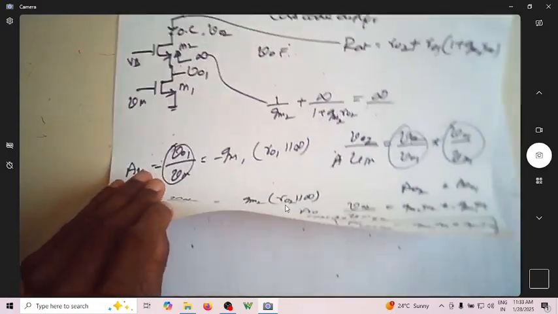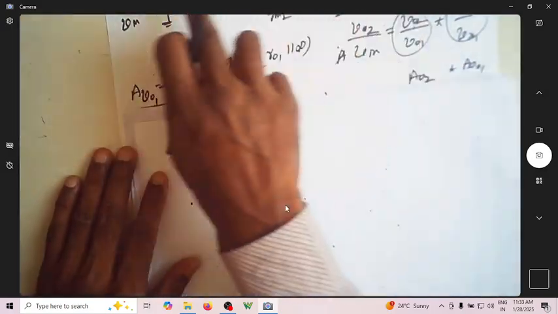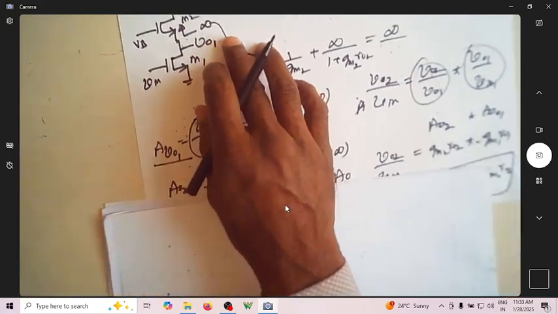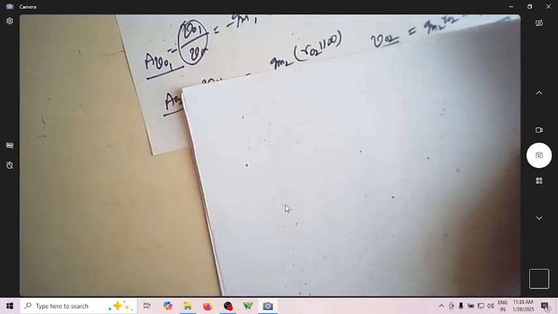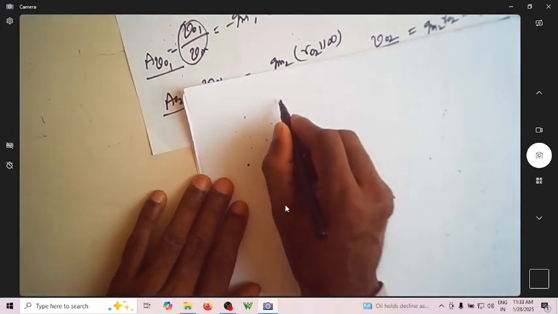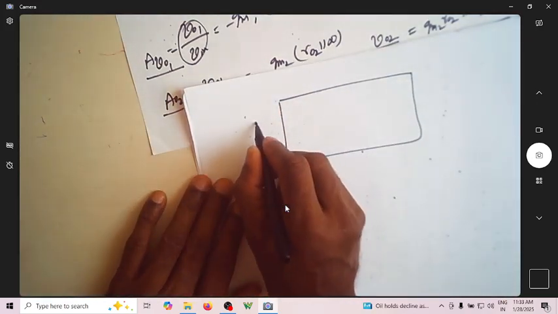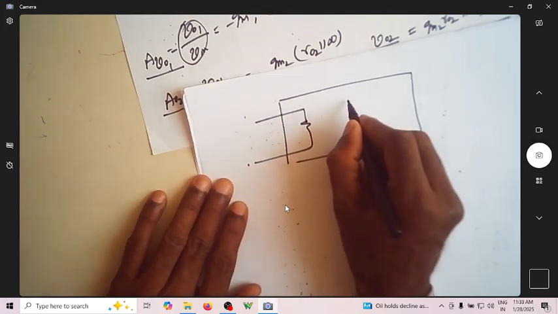Having found out what is Rout of this cascode amplifier and what is the open circuited intrinsic gain, I can write the block diagram of the cascode amplifier with Rin.